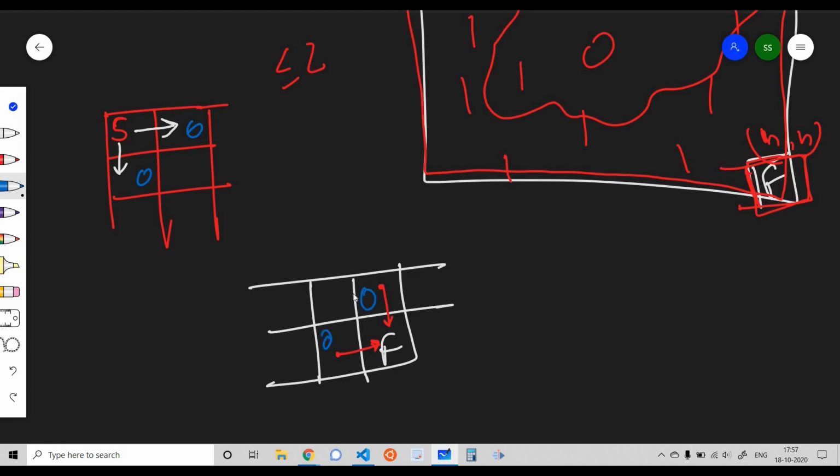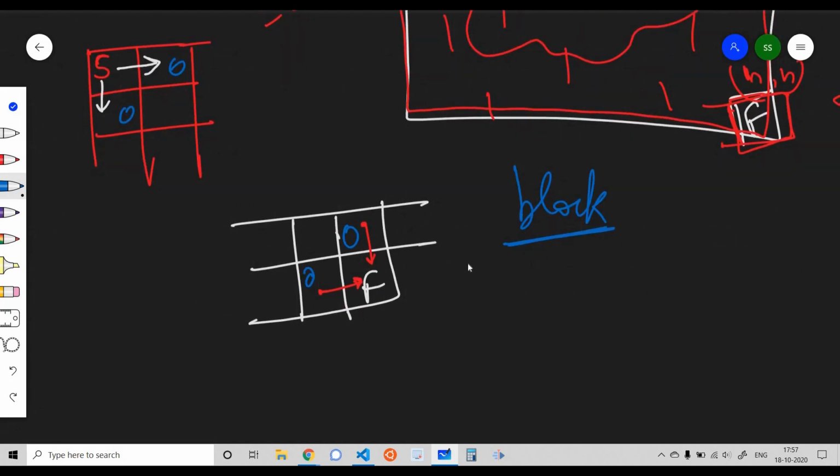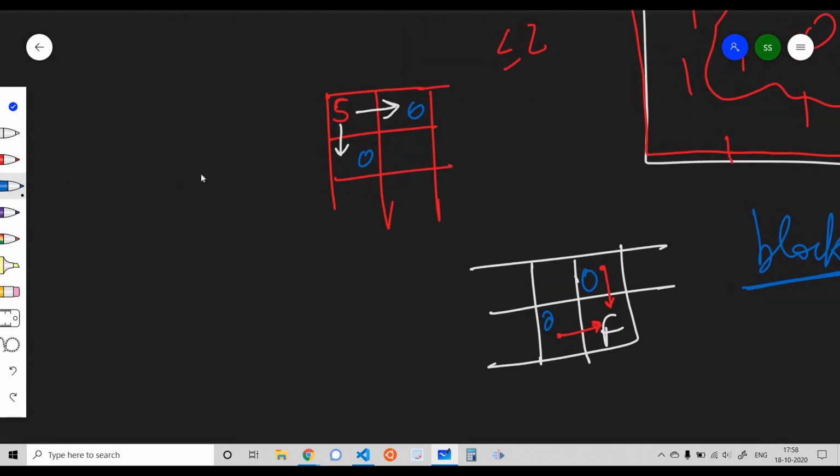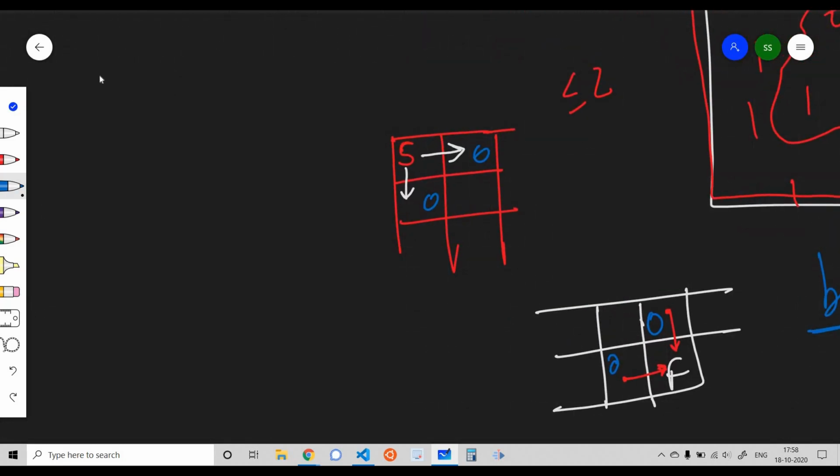We can manipulate the bits on these 4 cells such that we are able to block one of these 2 cells. If we are able to block one of these 2 cells, then it would be clear that Roger would not be able to reach F if he is starting from S. Now, initially Roger chooses a digit, he can only choose 0 or 1.